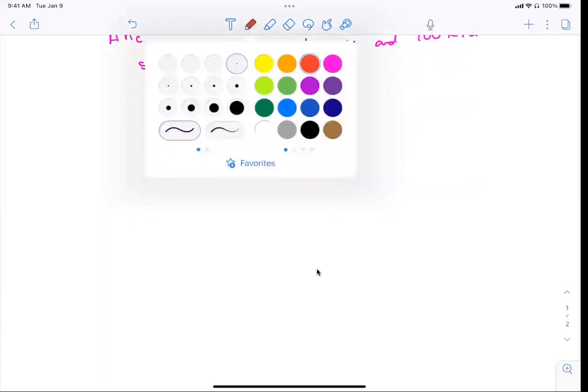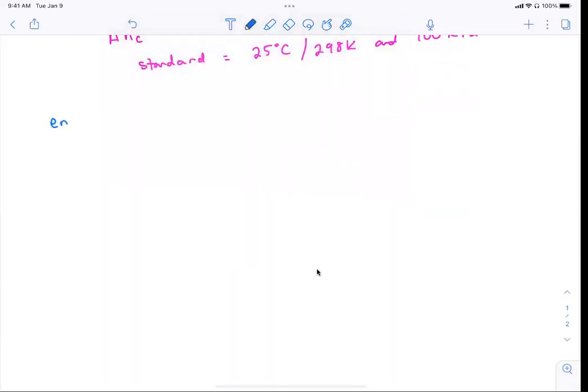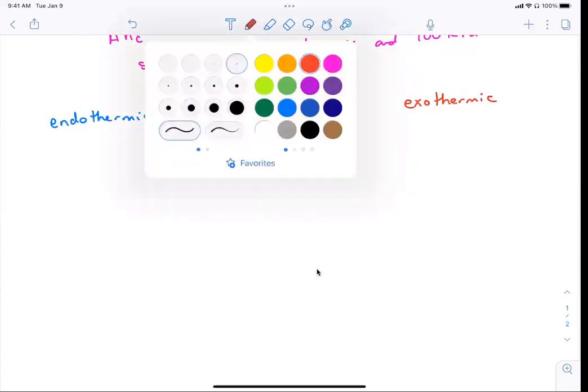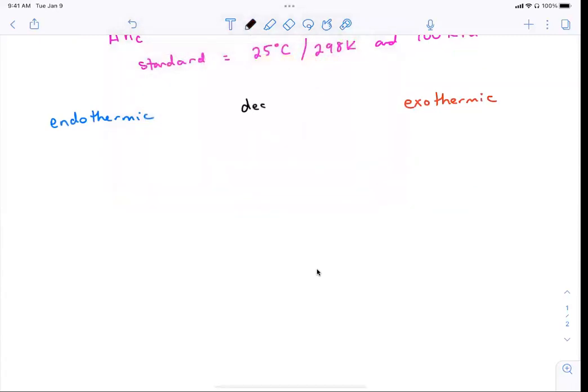You can either have an endothermic process or an exothermic process. The middle column will have the categories, and then we'll talk about how they relate to endothermic and exothermic.